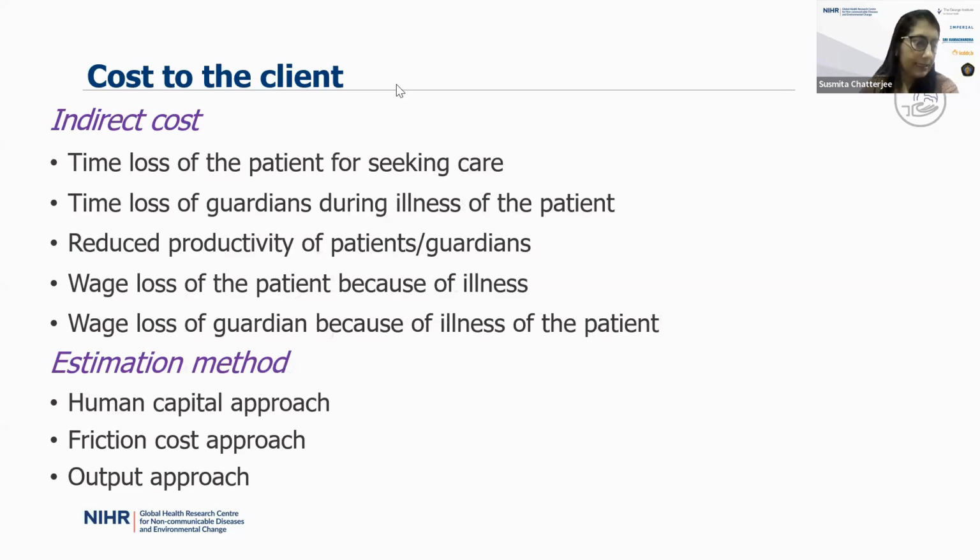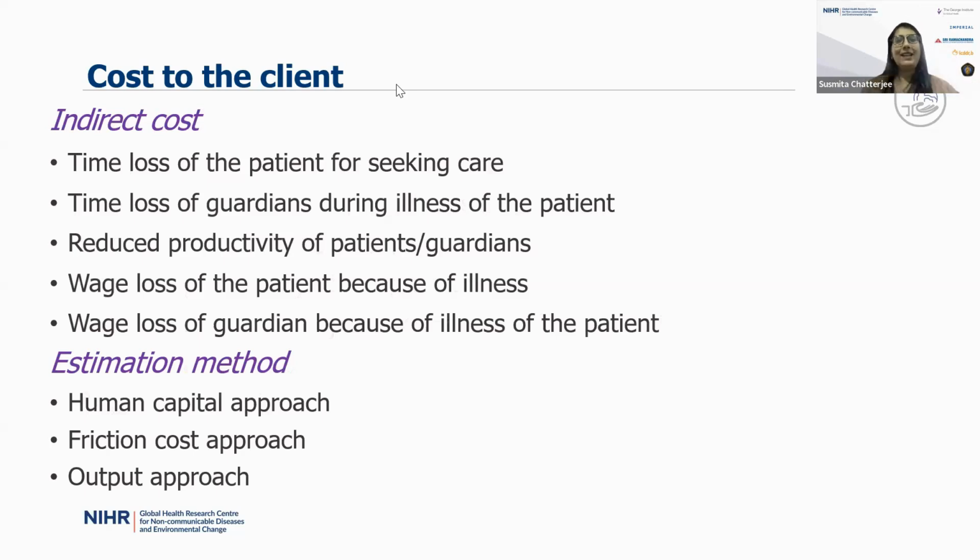Suppose someone has this disease and you are giving an intervention which will reduce all this cost, right? You are giving an intervention which is supposed to reduce the time cost or the disease itself. Fewer persons will now suffer from the disease, so then there will be cost saving, right?